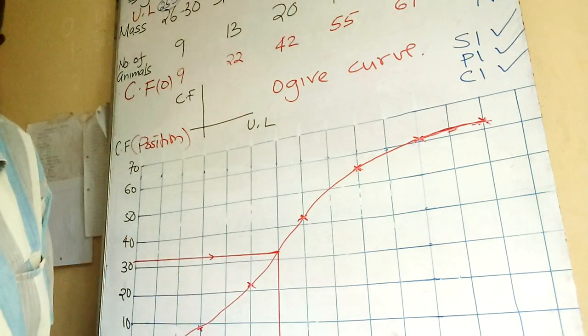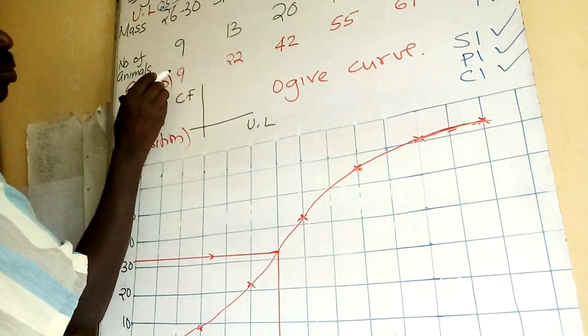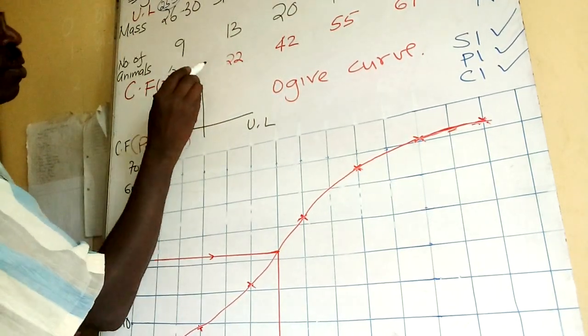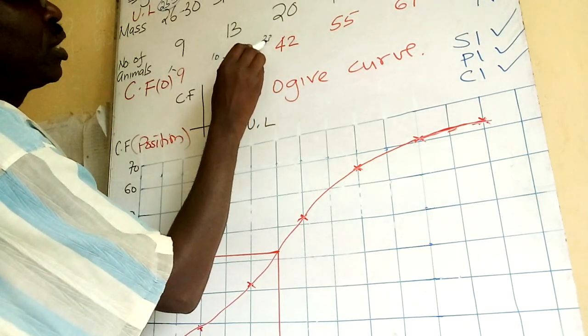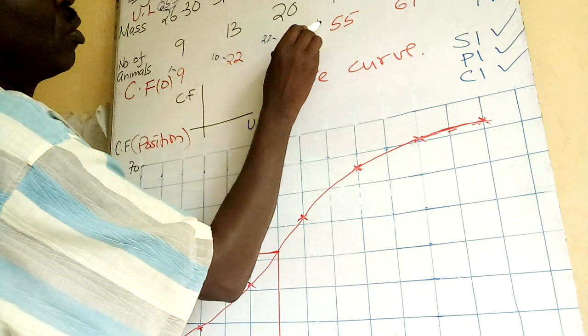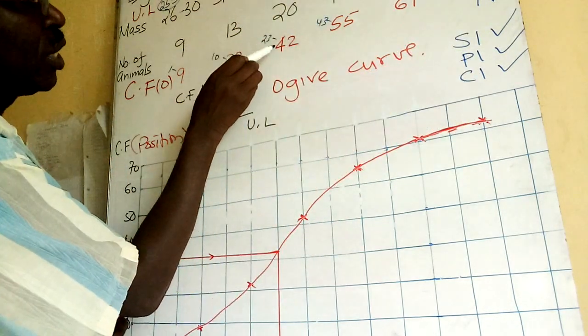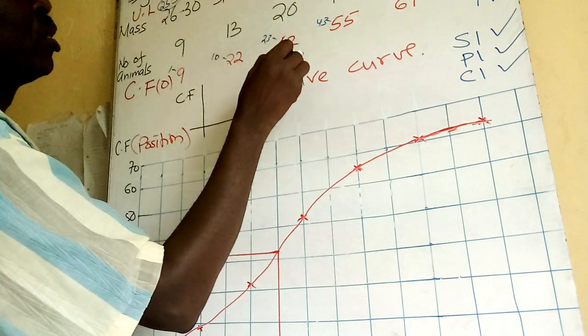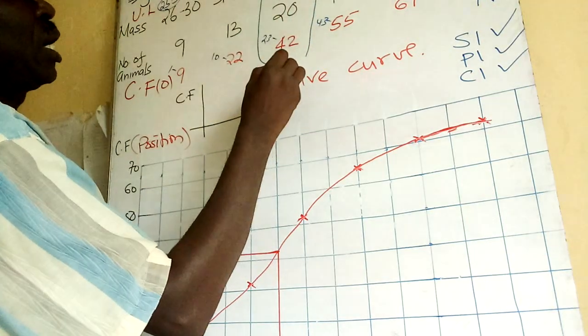So this is my median class. 32 is here. Remember the way we said position 1 to 9, 10 to 22, 23 to 42, 43 to that, and so on. So you can see the position 32 is here. So this is my median class.